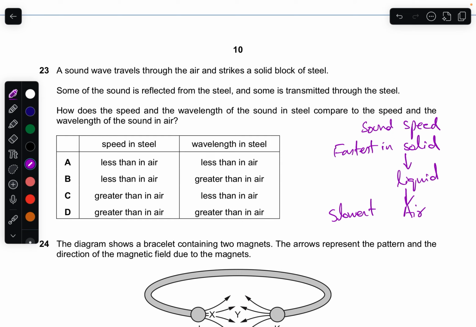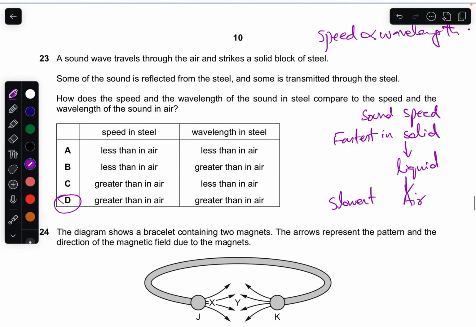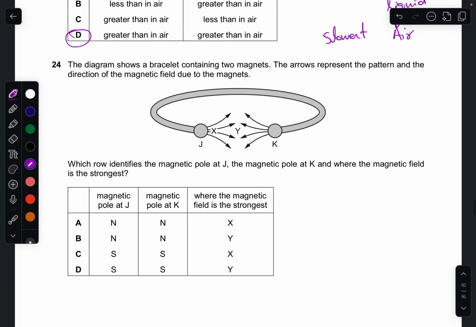Secondly, speed is directly proportional to wavelength, provided that frequency is constant. So if speed is increasing, the wavelength will also increase. It's option D.